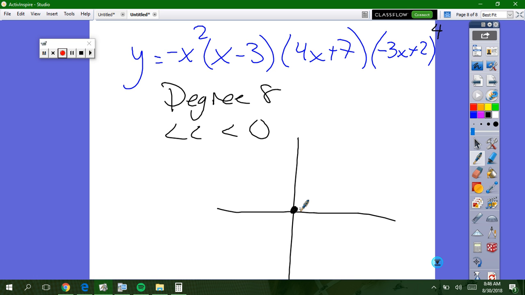What about this guy? 3, right? Nicole, what's the zero? -7/4, because I have to subtract the 7, then divide by 4. Is everybody with me on that? So I have 0, 3, -7/4, which is right there.